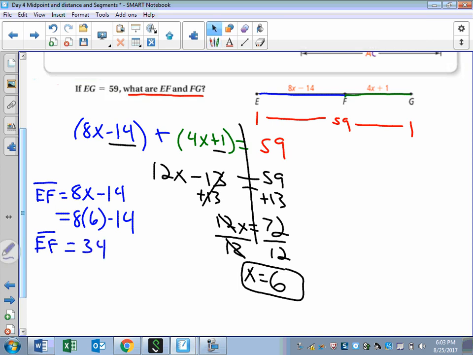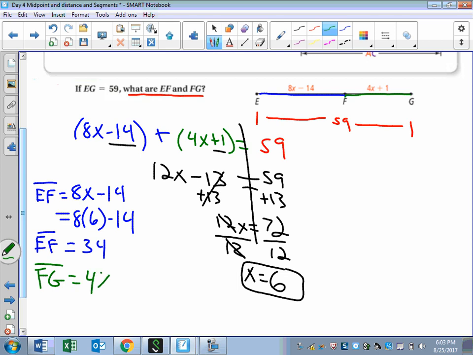And then it doesn't tell us that F is in the middle, so we don't know if they're the same length or not. If we knew that F was in the middle, then we could say, okay, if EF is 34, FG has to be 34, but it doesn't say that F is in the middle. And it also looks like FG is smaller. So just to be safe, let's see what FG equals. So we got FG, and that's going to be 4x plus 1.